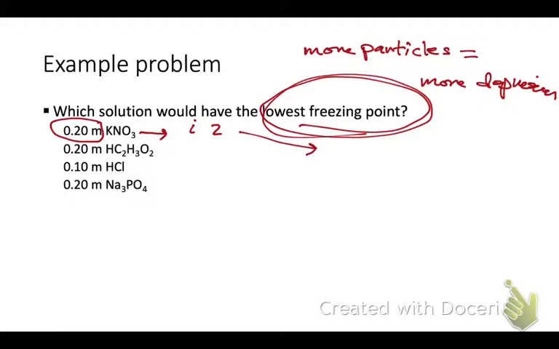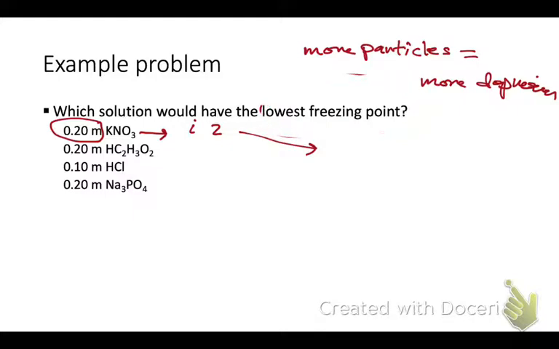So how many particles are you going to have? To get the number of particles, you need to multiply i times concentration. So that will be 2 times 0.2, that will be 0.4 molal of particles.